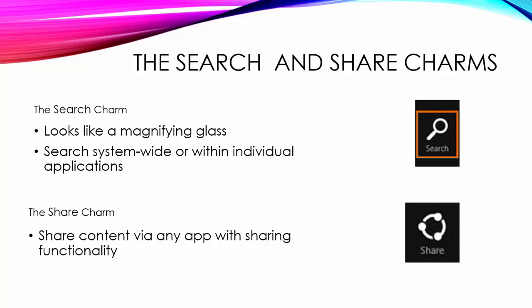For example, if using the Windows Store and starting a search, the search results will only come from within the Windows Store. The share charm is used to share content via any application that has sharing functionality. An example of sharing would be sharing a web page from Internet Explorer using email.